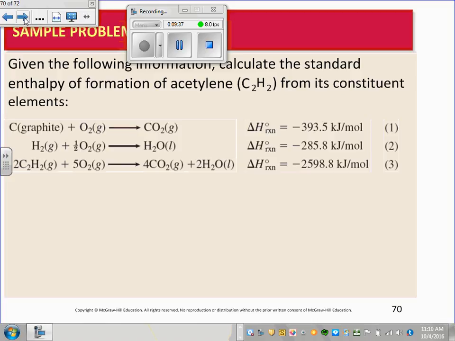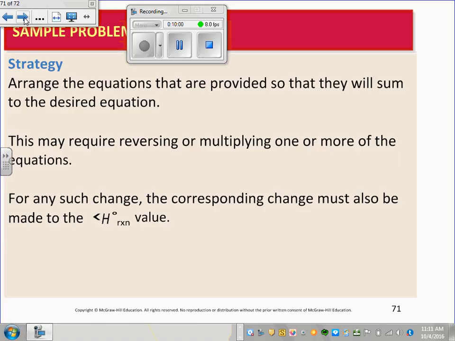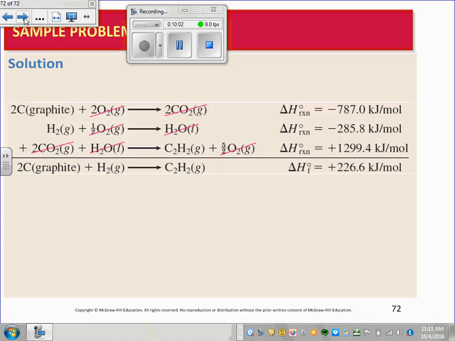When I add everything up that's left, I have 2C plus H2 goes to C2H2. So I have what I want, and then I just add up those numbers, and it comes out to be plus 226.6 kilojoules per mole.